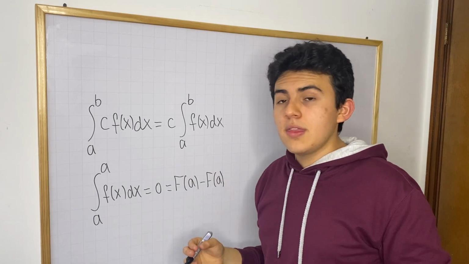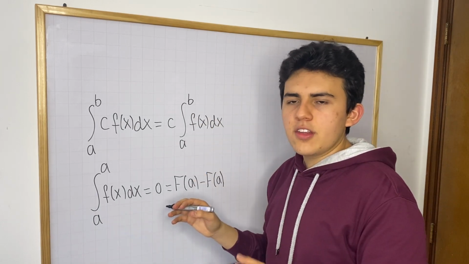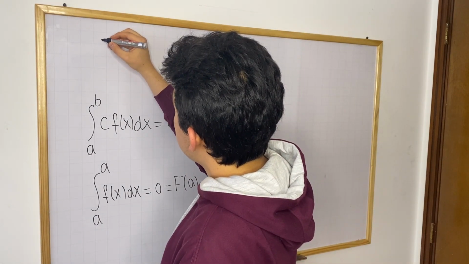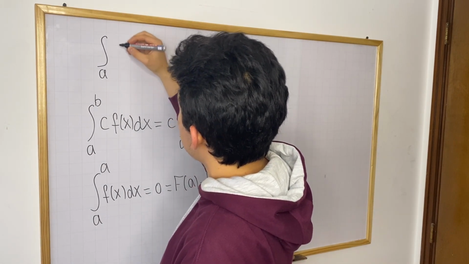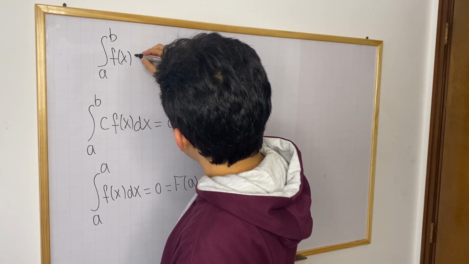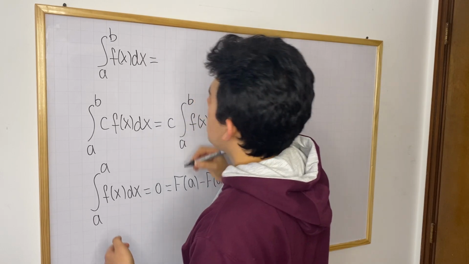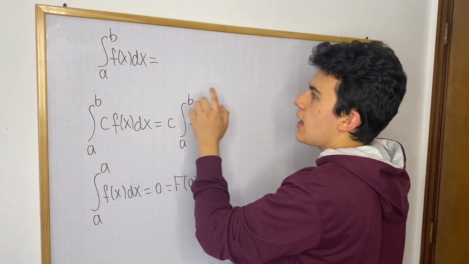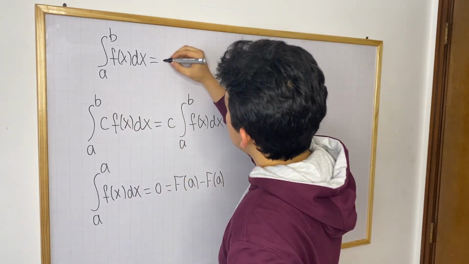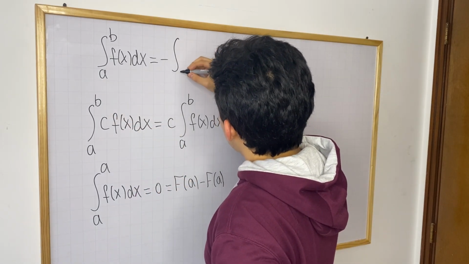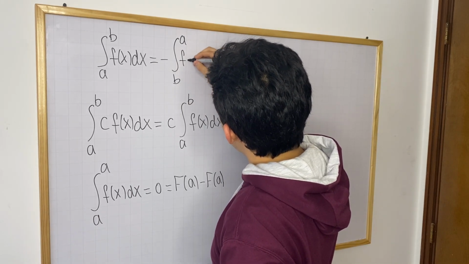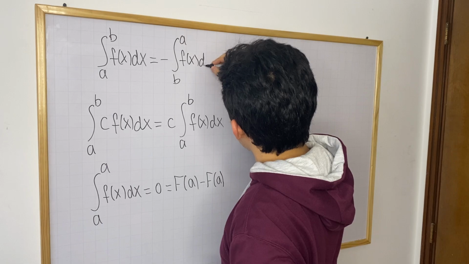The last property, we have many other properties, but the last one that I want to show you today is this: once again, we have the definite integral from a to b of the function f of x dx. Now, there is something really nice about this. This definite integral is going to be minus the definite integral from b to a of the function f of x dx, okay?